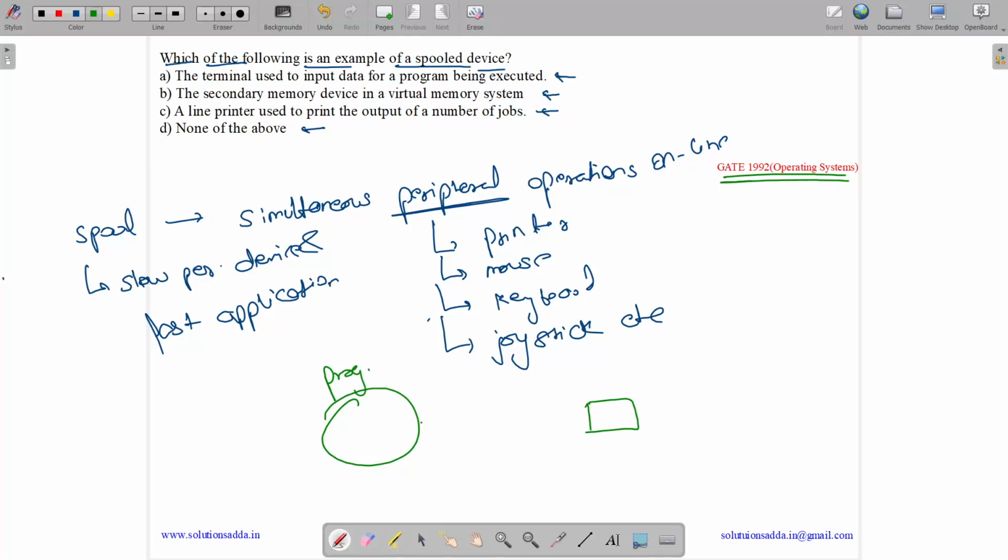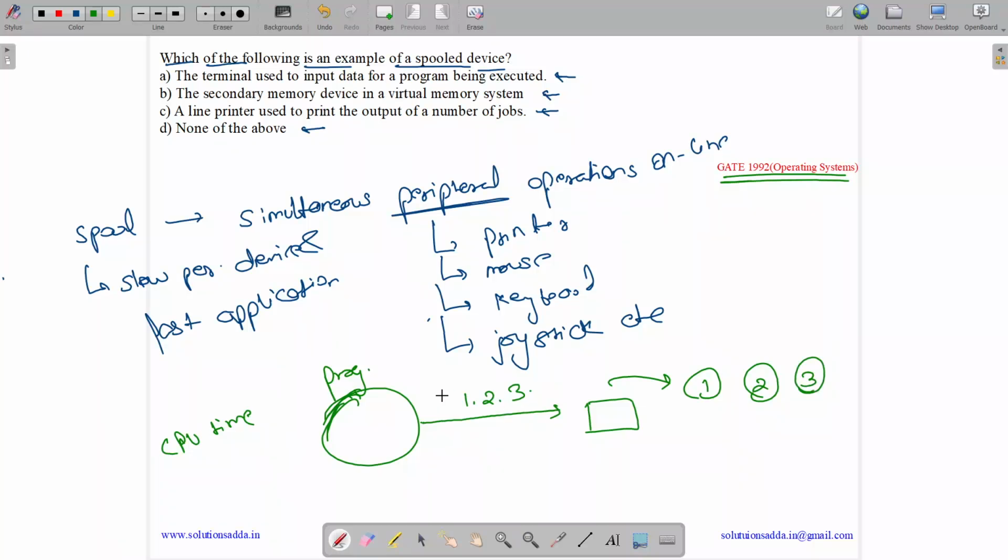If there is no spooling, it will give one command and wait for all the print operations to complete. This program will have to wait. There is wastage of CPU time. Then after the first print is done, it will give the second print command. Then it waits for the printing to complete. Then it gives the third command and so on.